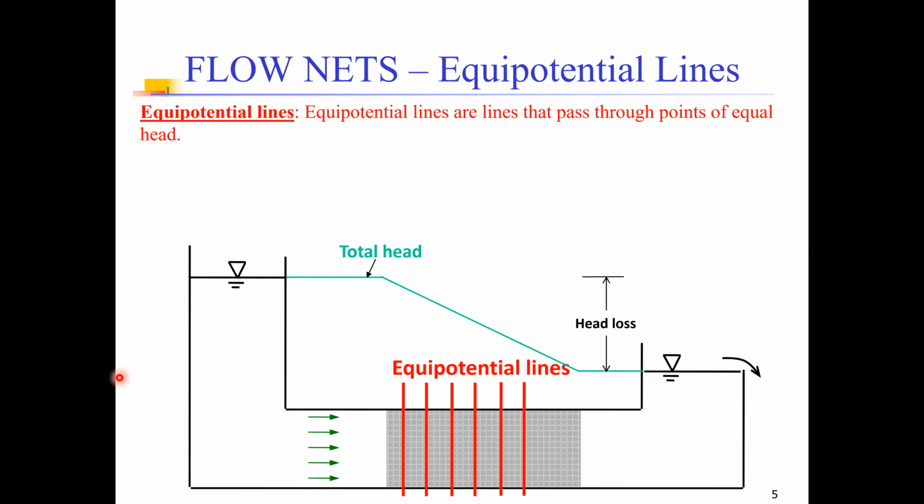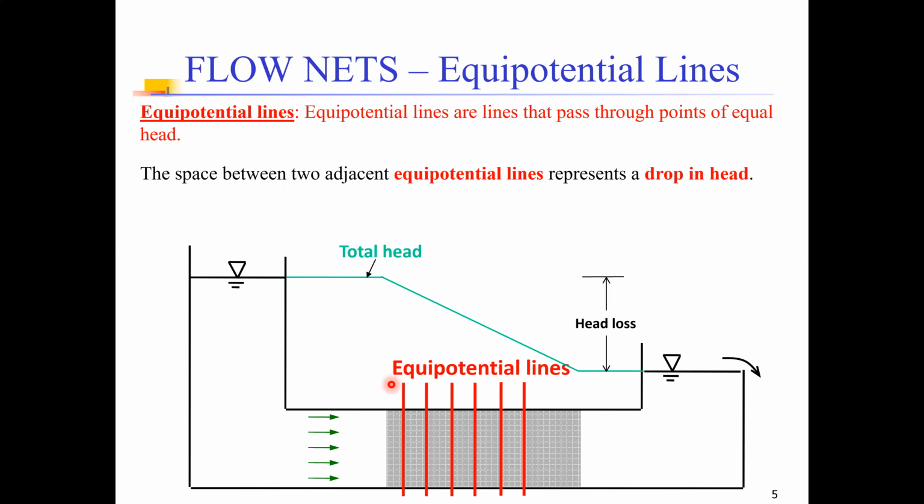In the same way, we can look at some of the important characteristics of equipotential lines. We have seen that equipotential lines are the lines joining the points with equal head. So the space between two equipotential lines, like this space and this space, represents a drop in head. As we have seen in the previous slide, each equipotential line represents points with the same head, but the space between them represents a drop in head.